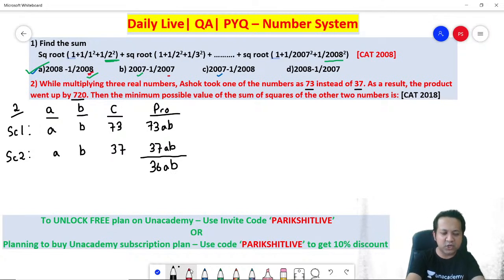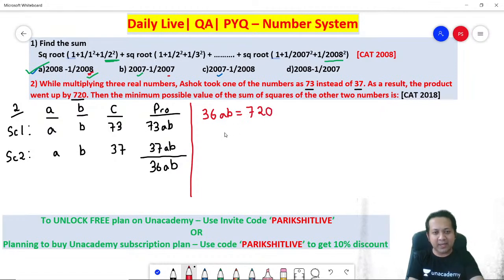As per the question, the product went up by 720. So the difference in products, which is 36AB, is equal to 720. Do you follow? So what about AB? AB is equal to 20.